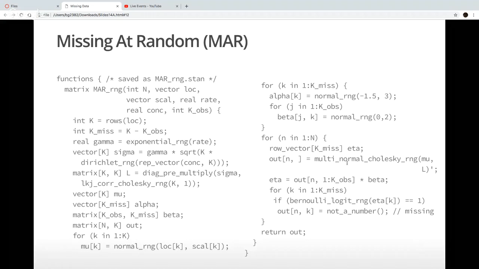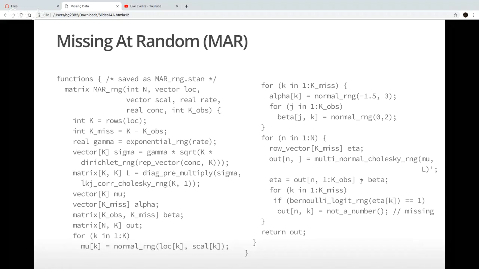But the first k-obs of those are guaranteed to be fully observed. It's just the last k-miss values that might have missingness. So I'm going to take eta, which is the first k-obs of the true values, and multiply it by beta. I meant to shift it also over by alpha, but I forgot. But anyway, I have this linear predictor for whether any of the last k-miss variables in my data generating process go missing.